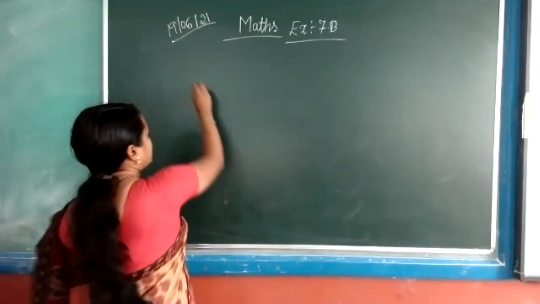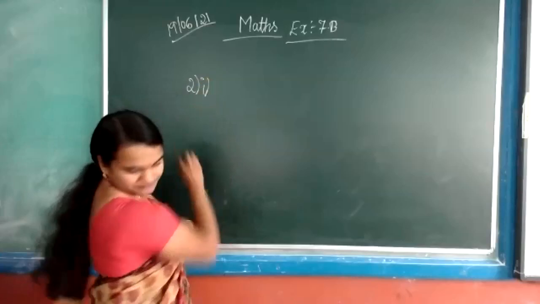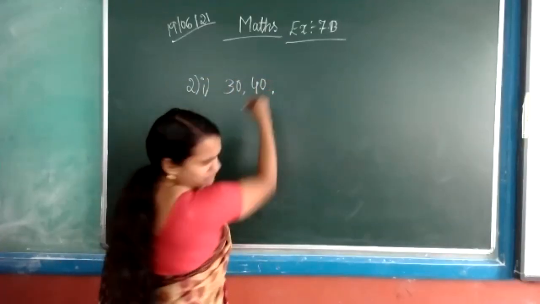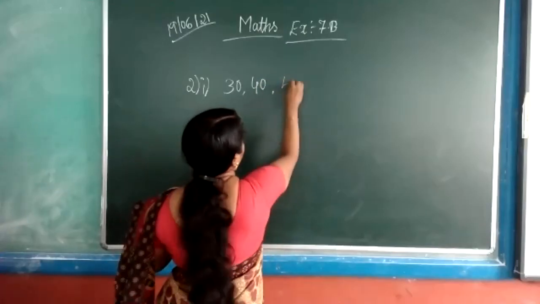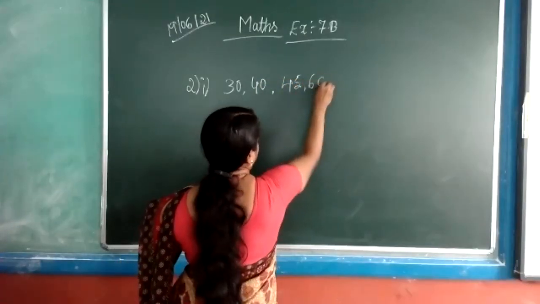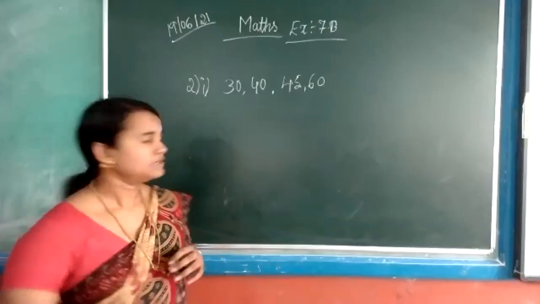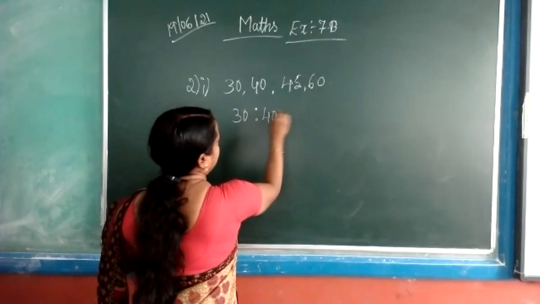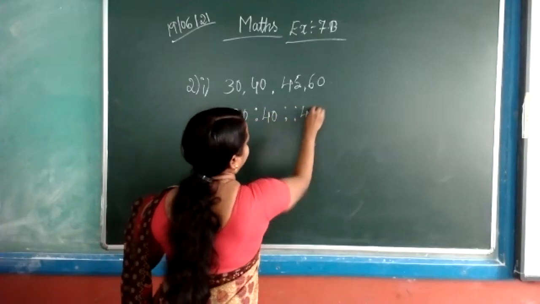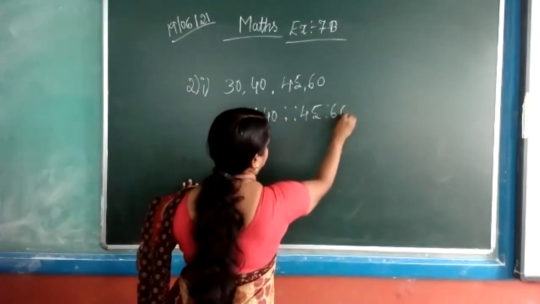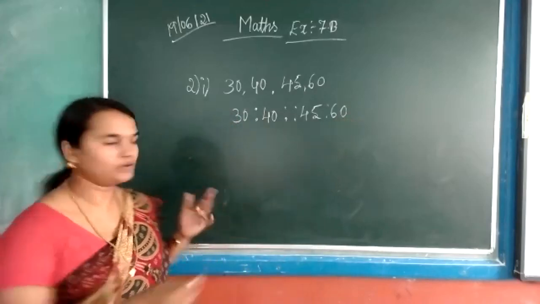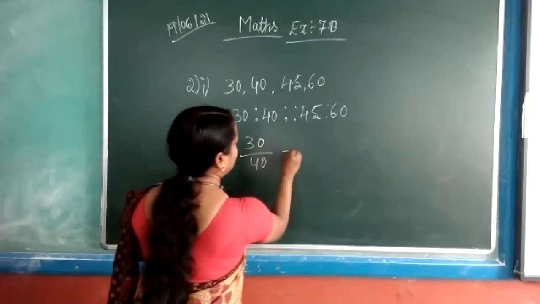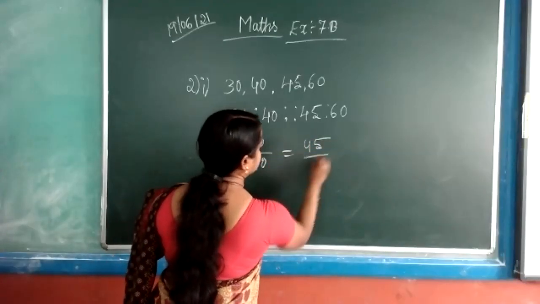First question. It is given here 30, 40, 45 and 60. First we will write it in the form 30:40 is as 45:60. Any one method you can follow, that is 30/40 equals 45/60.